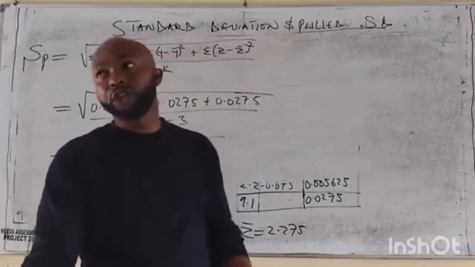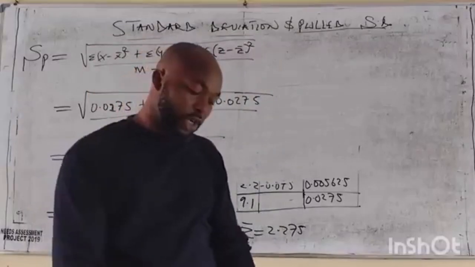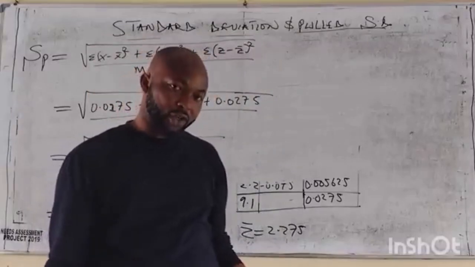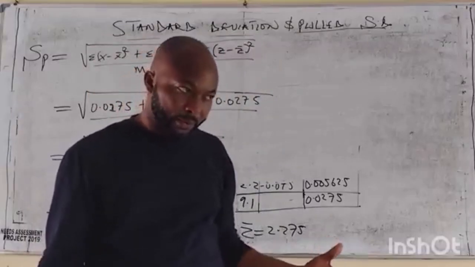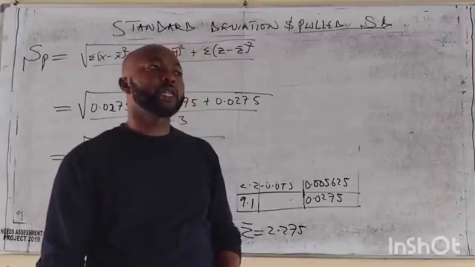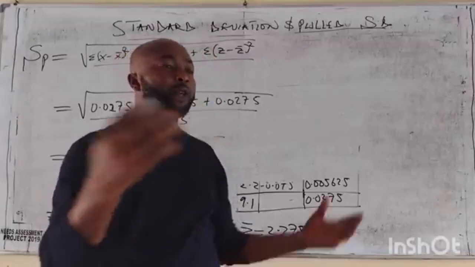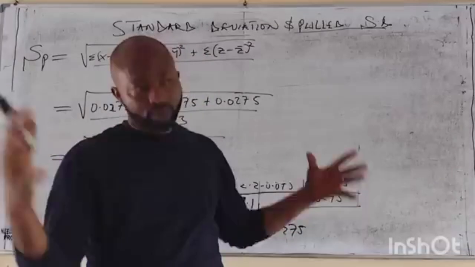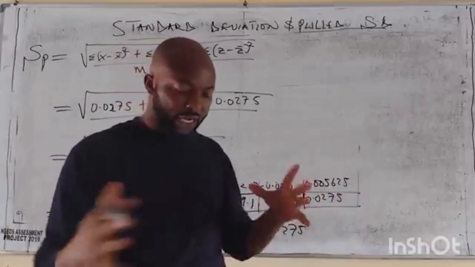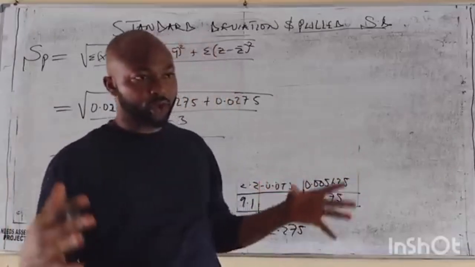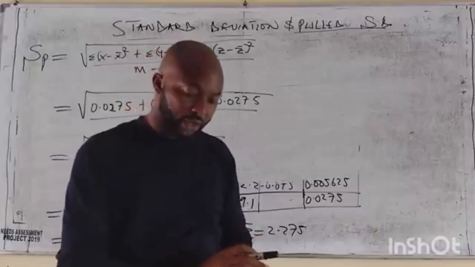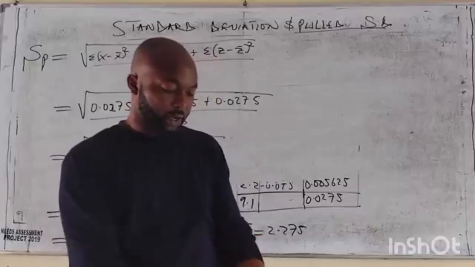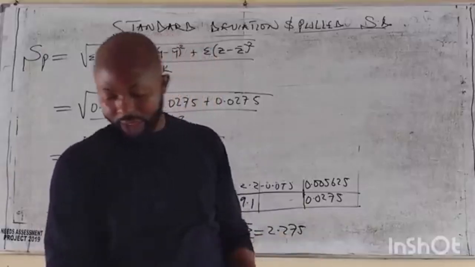So we have the new method and the old method, and the different variables are also given. All we need to do is to get the pooled standard deviation of the old method and the new method together. So let's move forward quickly.